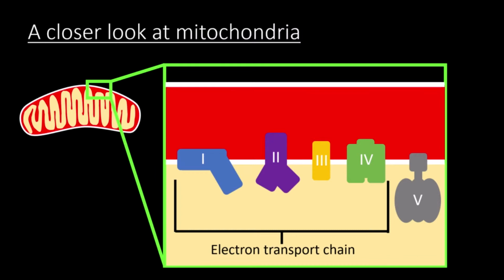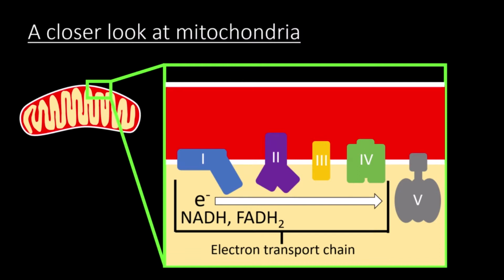By the time glucose has been used, it has basically created 2 molecules known as NADH and FADH2. And these molecules provide electrons, which are transported across complexes 1 through 4.